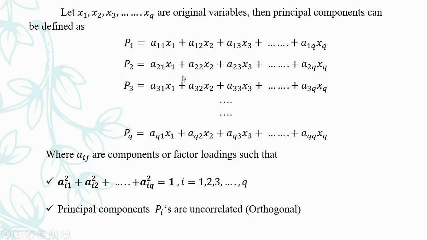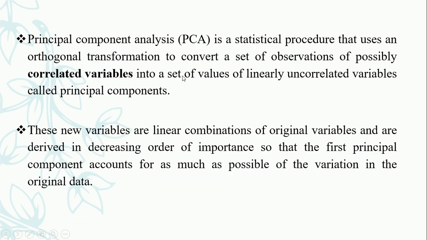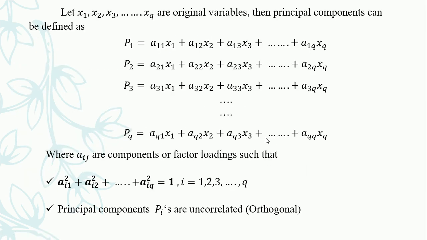So as I already told you, it's a linear combination of original variables. These x1, x2, x3, and so on up to xq, the original variables, are in all the principal components. In this equation we can see the coefficients which are attached to the original variables.